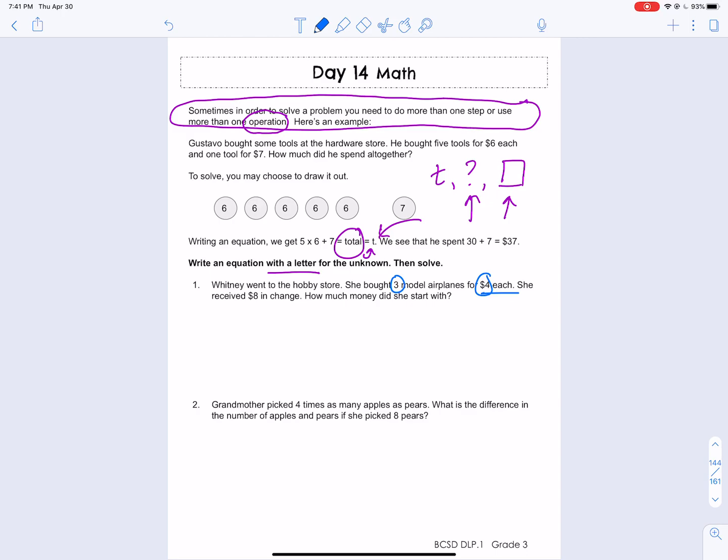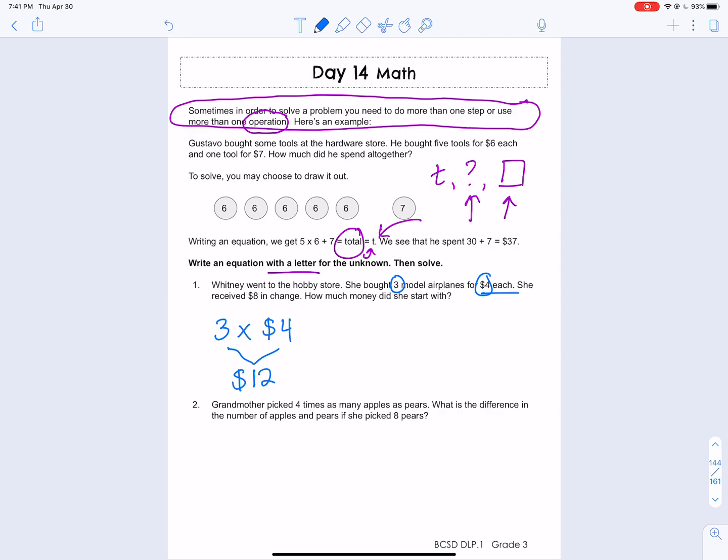Okay, so to figure out how much money she started with, we have to figure out how much money she spent on these model airplanes. So that would be 3 times $4 would be the first part of it. Okay, so she would be spending $12 on the model airplanes. I'm just going to leave that 12 down there for you to think about. And then she receives $8 in change.